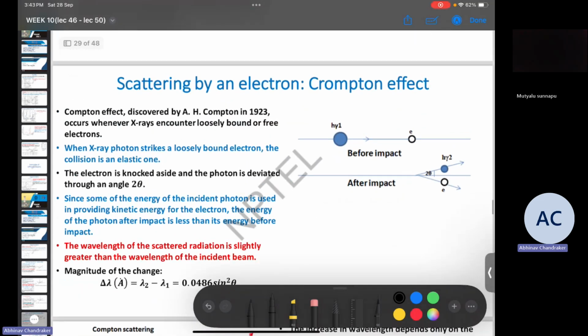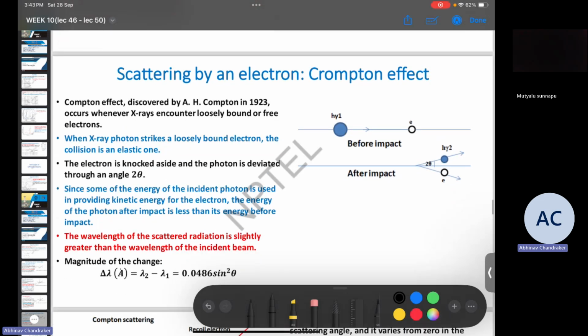Now we'll look at what happens if an X-ray is incident on an electron which is not strongly held by the atom. It is either loosely held or it is a free electron.